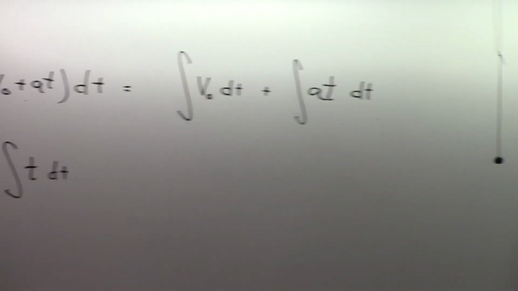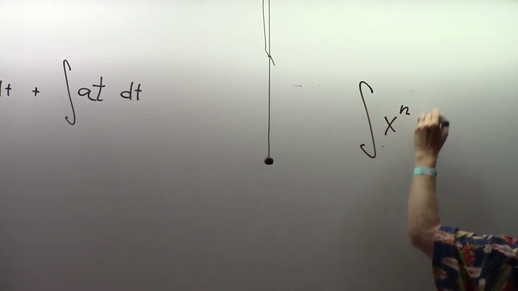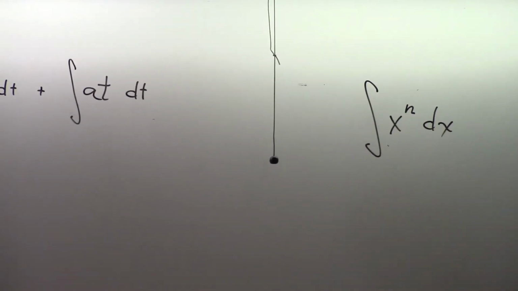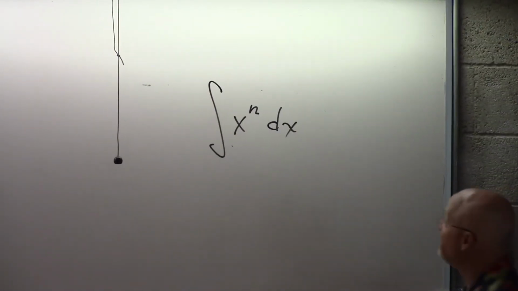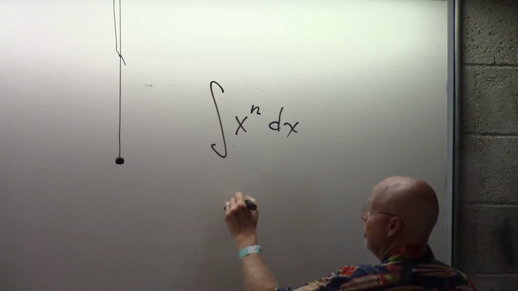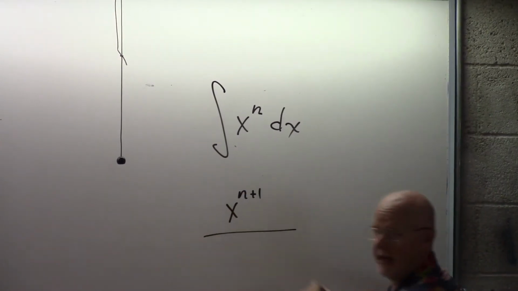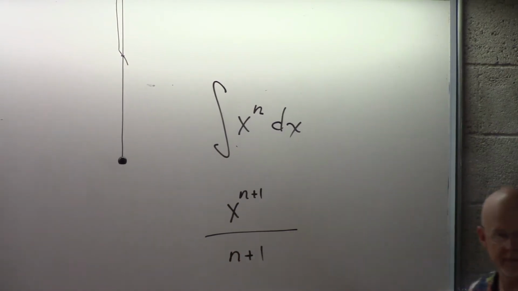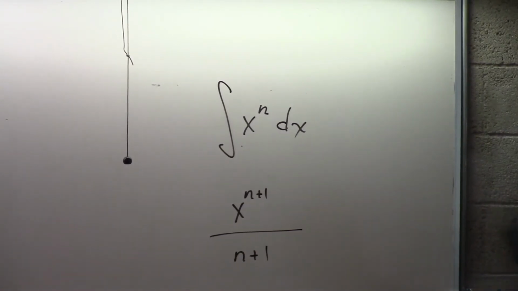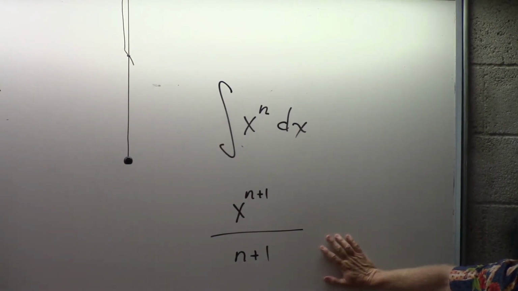In your calculus, you probably saw it like this. What's the integral of x raised to the n power dx? Is it going to be x to the n plus 1? So you raise the exponent by 1 and divide by that new exponent. All right. Keep that in mind, because we won't do any integrals harder than this. This is it.